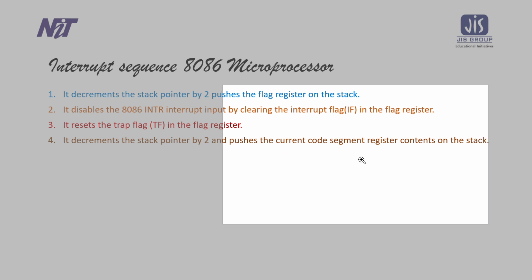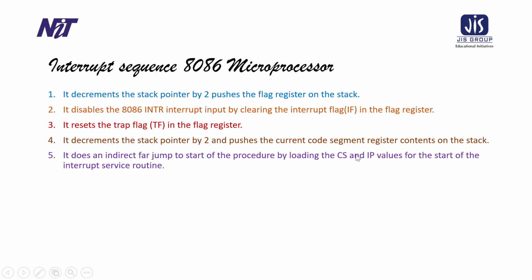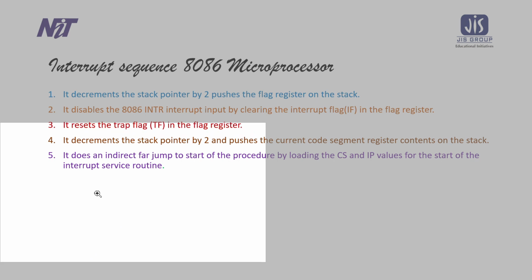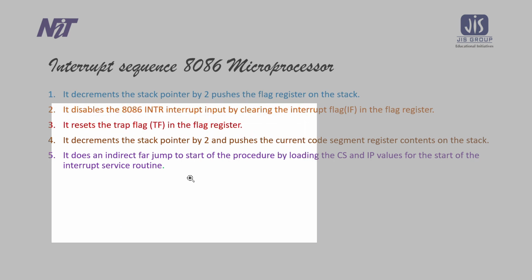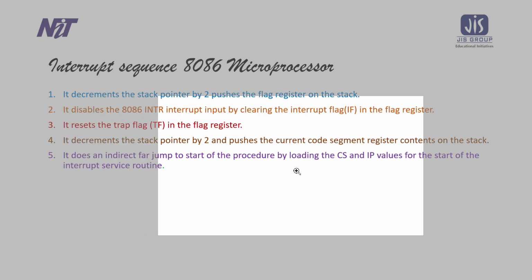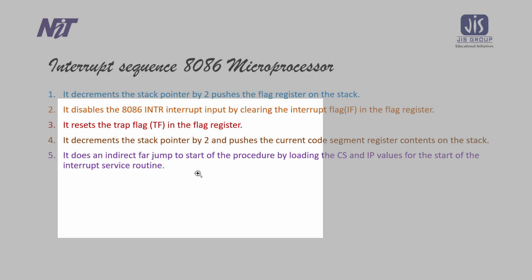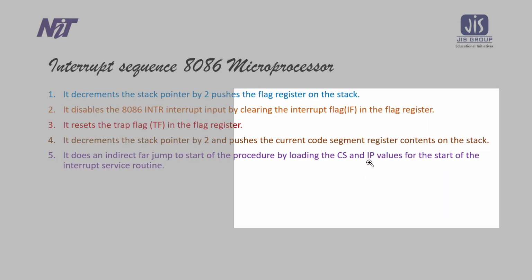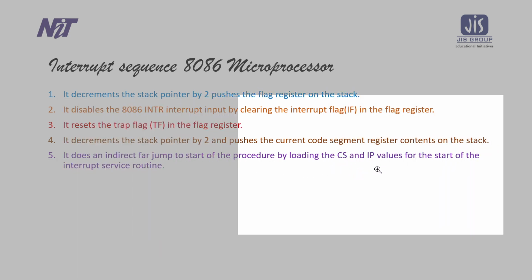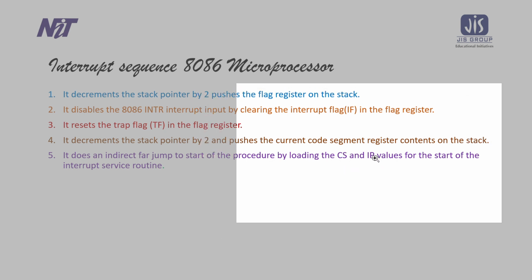Then it does an indirect jump to start the procedure by loading the CS and IP values for the start of the interrupt service routine, because the combination of CS and IP generates the 20-bit physical address, and from that address the interrupt service routine starts.